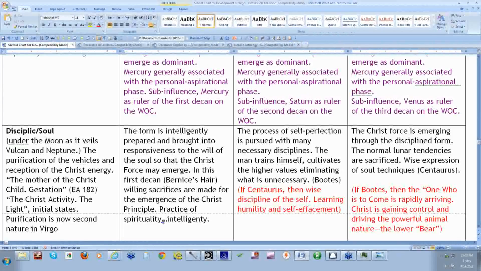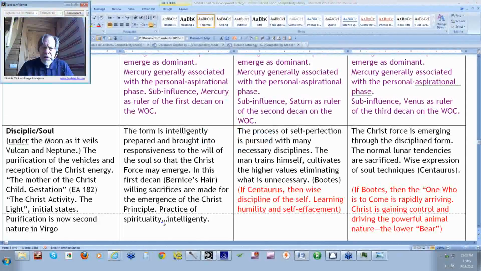So there are great changes occurring within the substance of his vehicles because he has now the will to do something about it, and he has this keen, focused, uplifted Neptunian desire to rise into the Christ life towards the possibility of initiation. So with the Saturn decanate, which is 20 to 30, the process of self-perfection is pursued with many necessary disciplines.